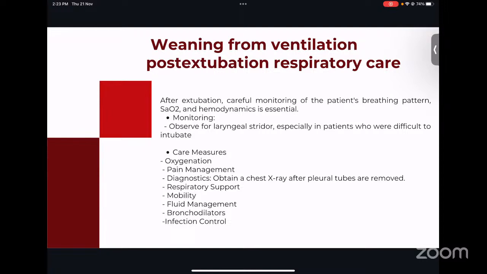For oxygenation, give the patient an oxygen mask or nasal cannula to maintain oxygen saturation more than 90%, and consider a high flow nasal cannula or mask for a borderline hypoxemic or hypercapnic patient. For pain management, give acetaminophen to minimize sedation and improve the outcome.